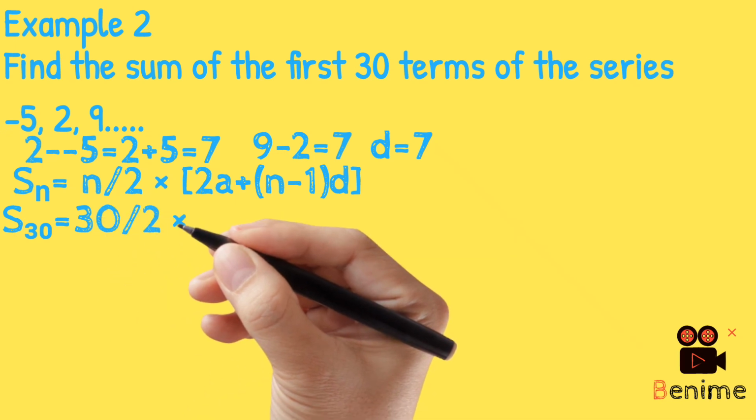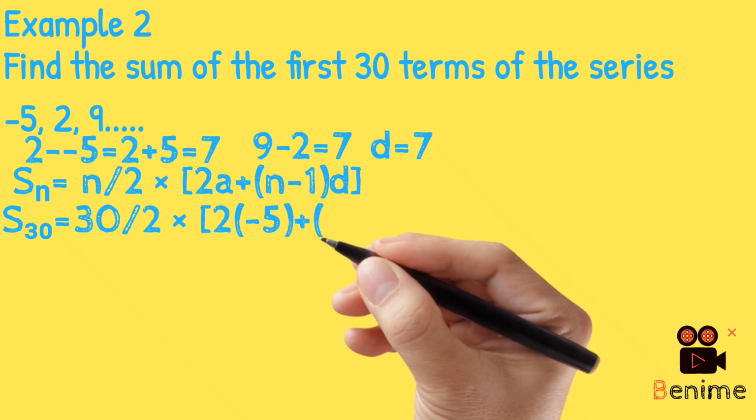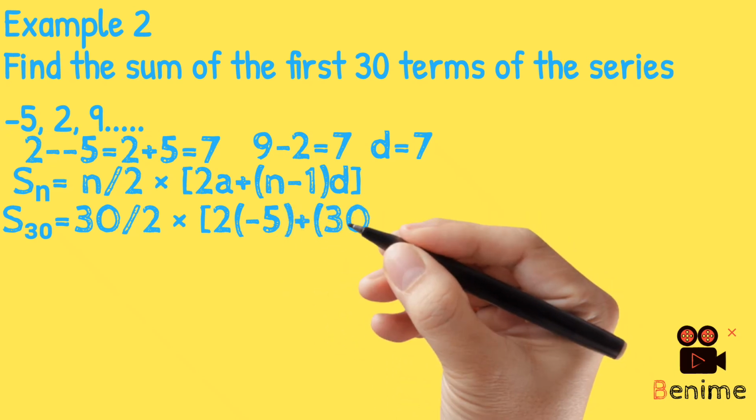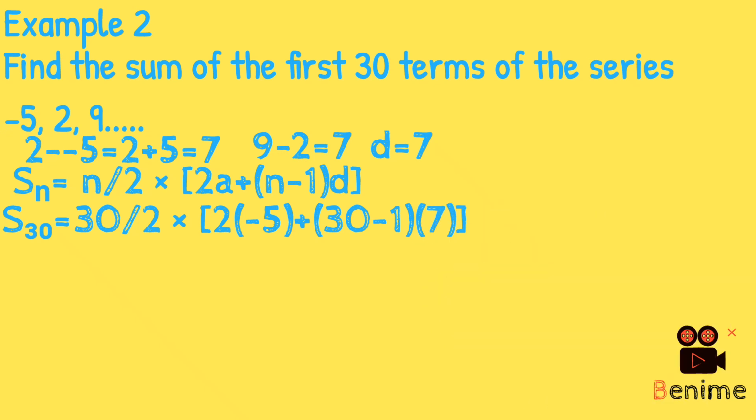So S30 will be equal to 30 over 2. It's 30 over 2 because now our n is 30, that's the number of terms. 30 over 2, open bracket 2 open bracket minus 5. It's minus 5 because the first term in this AP is minus 5, plus open bracket 30 minus 1.